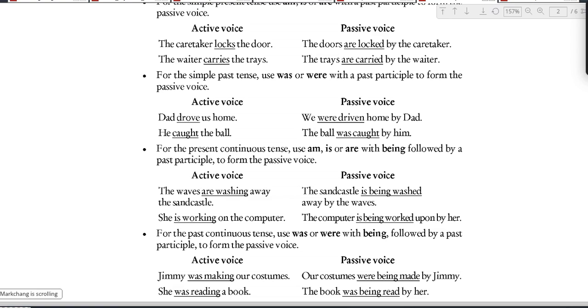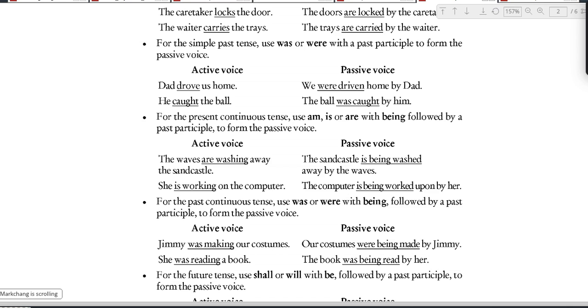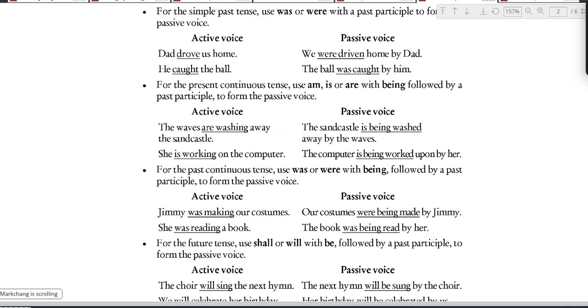Okay, I know this part. Great. Just have a quick look and ask me whatever is confusing for you.